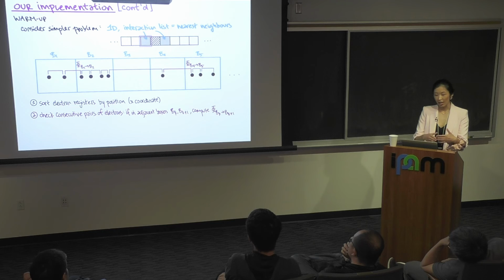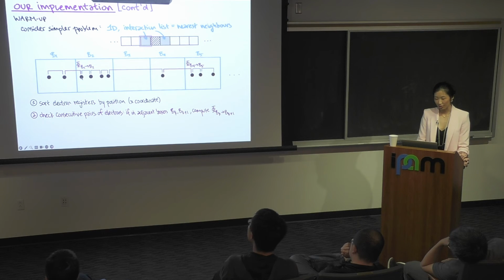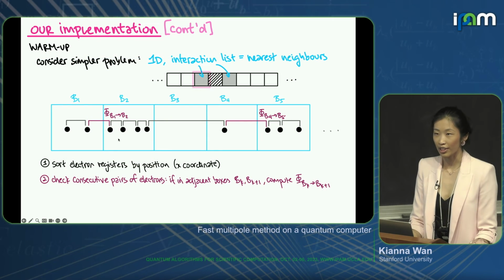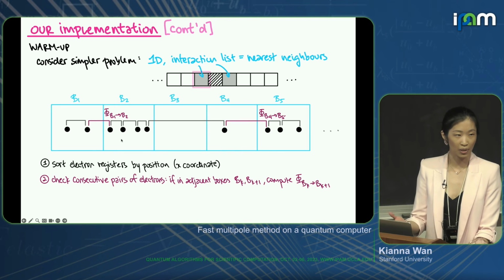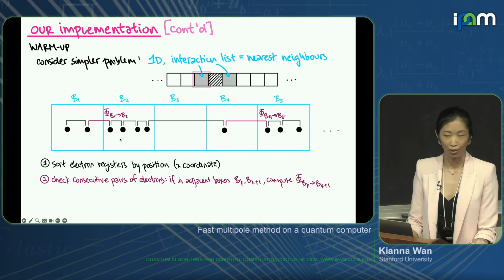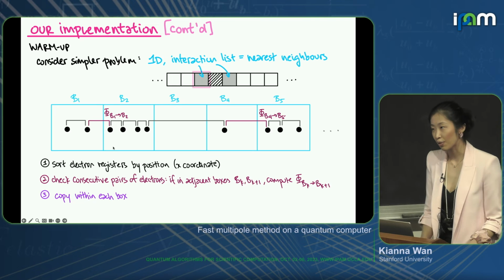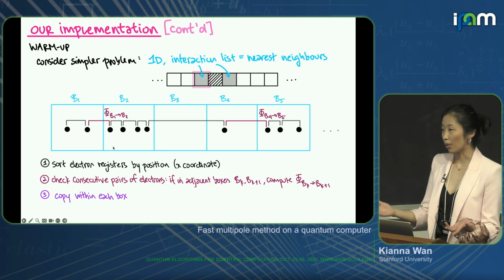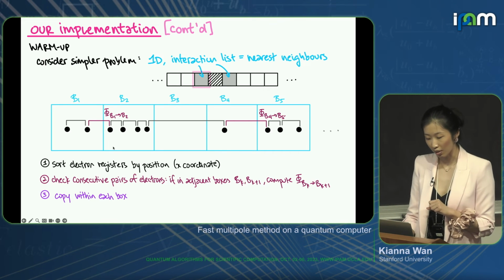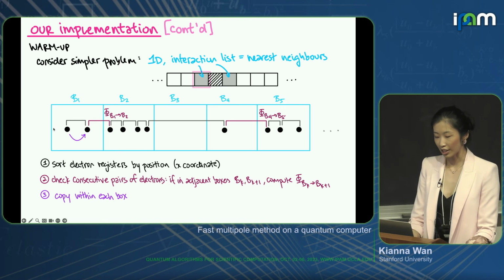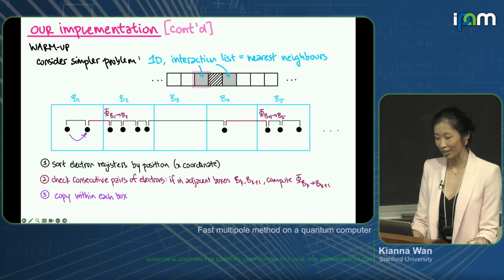Okay, so what we have right now is that we have the correct potential contributions, but only at the first electron in each box. Whereas every electron in B2, for instance, has a register corresponding to B2, and that register needs to store the information about B2. So in the third step, we simply go along and copy within each box. So these two electrons are in the same box, so we do the copy operation.